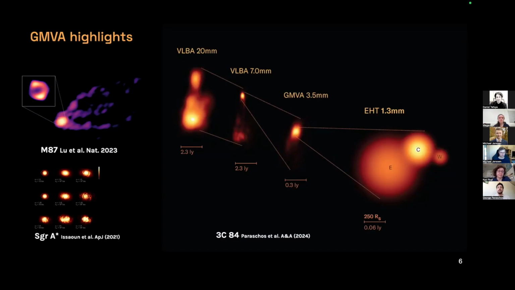And on the right, a source that's dear to me, 3C84, we were able to observe with the VLBA, the GMVA, and the EHT, and get a lot of insights from all these observations. I think with that, I can pass it over to Michael to tell us how to get the images by calibrating the data.